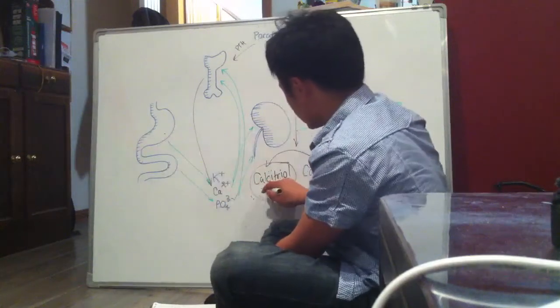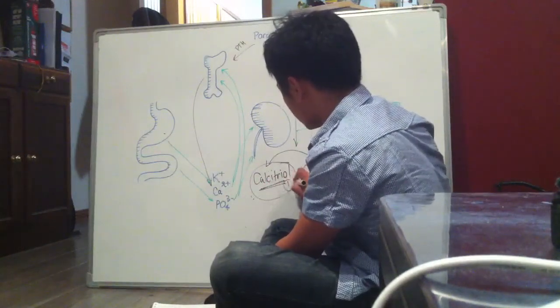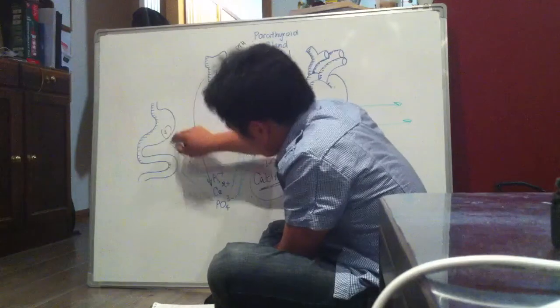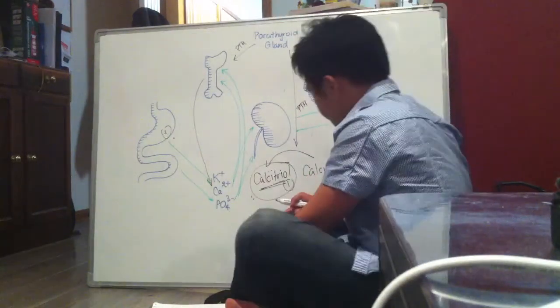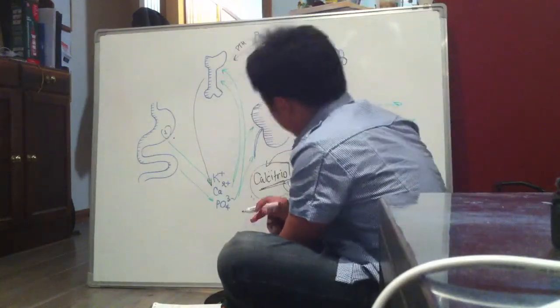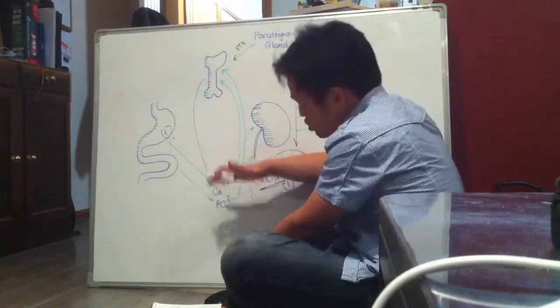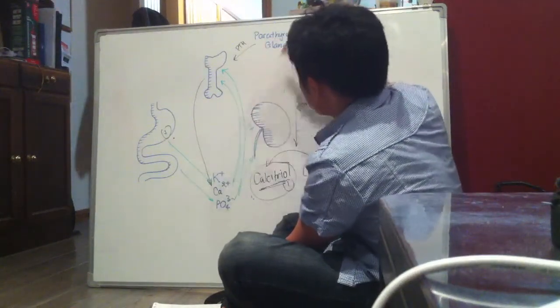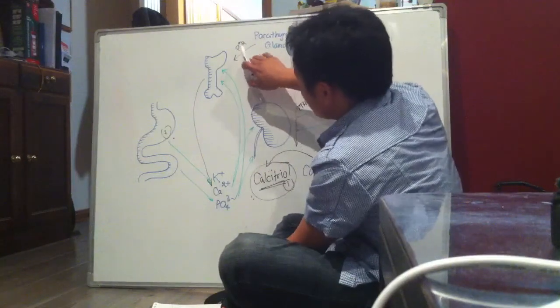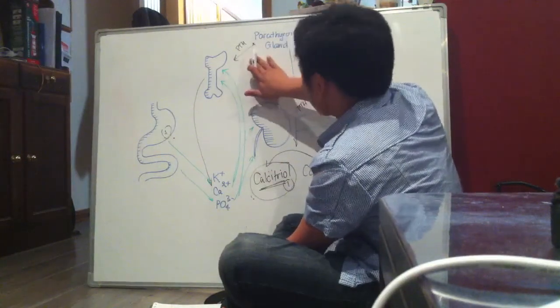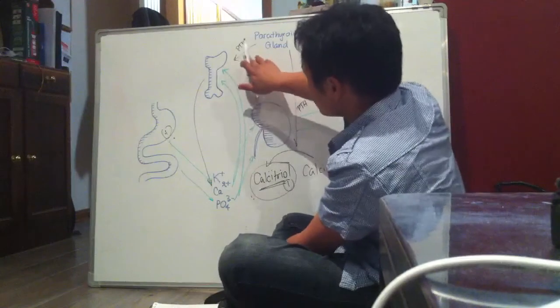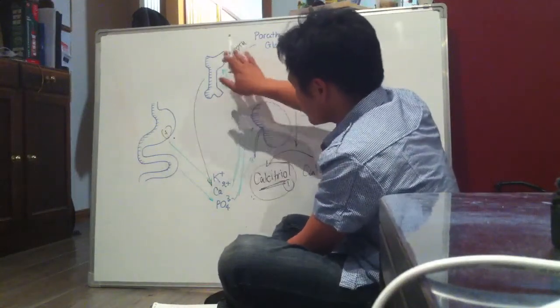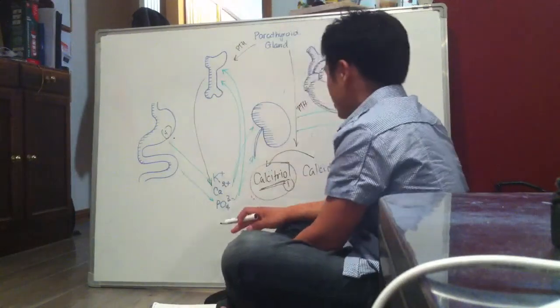So this is where calcitriol works. Let's put a 1 there. And then when we raise the calcium level up again, negative feedback loops tell the parathyroid gland to stop the parathyroid hormone release, and then you get a normalization afterwards.